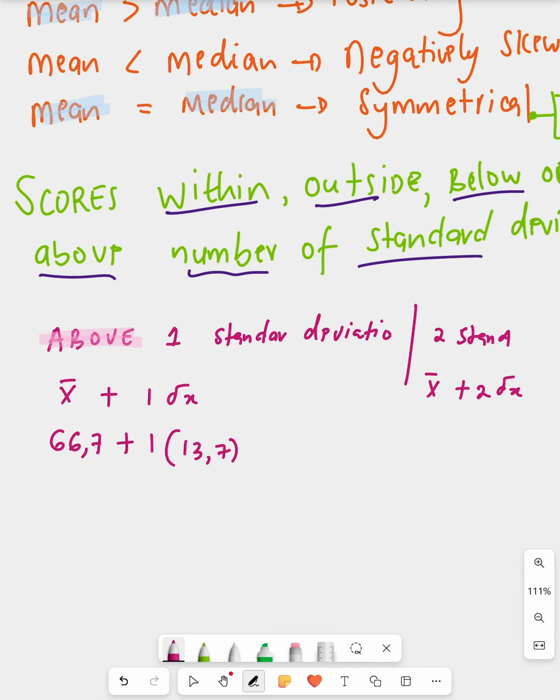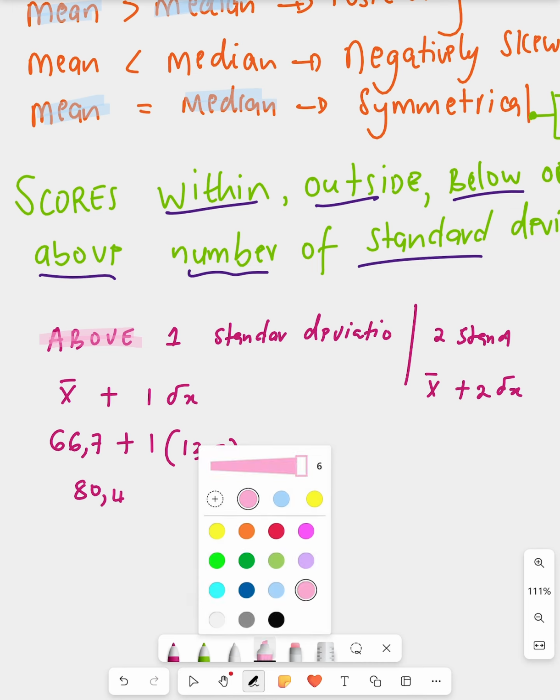Now, if you calculate this, 66.7 plus 1 multiplied by 13.7, you will get 80.4.